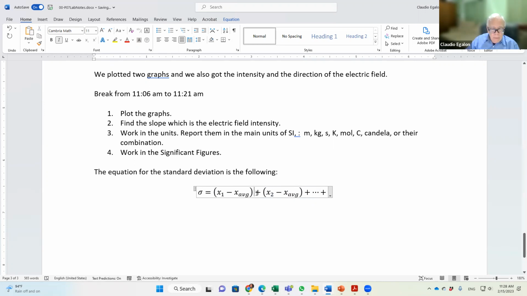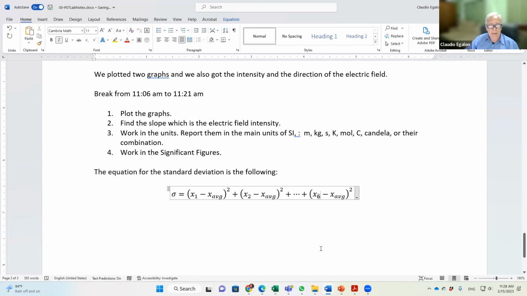Oh, by the way, it should be a square here. In this case, we have 6 data points, so it should go from 1 to 6.